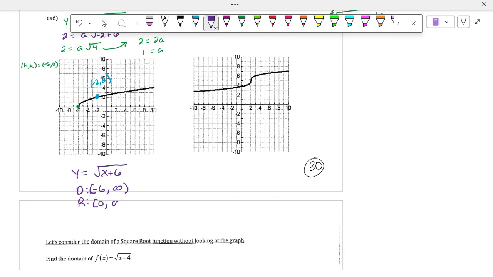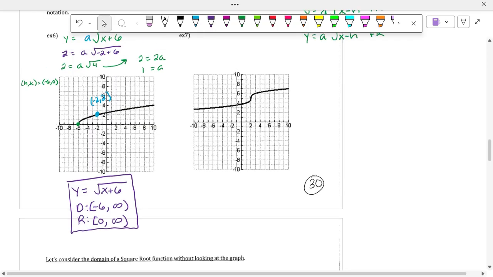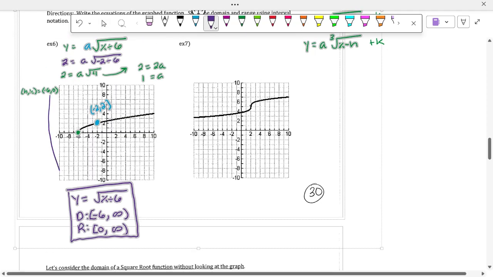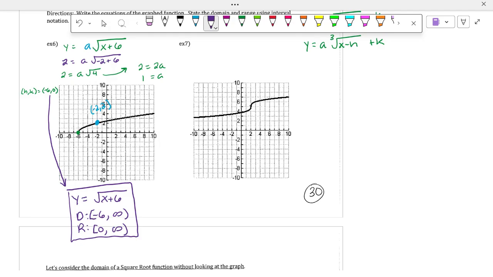And then my highest is infinity. Not always, because if that vertex gets moved, then it'll change. So if you notice, it's based off of the vertex. So your domain and range, if you notice, the domain is whatever the x value of the vertex is, and the range is whatever the y value of the vertex is.